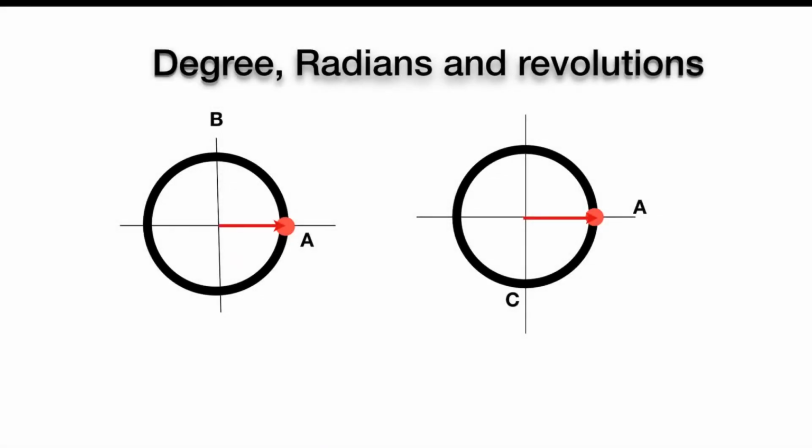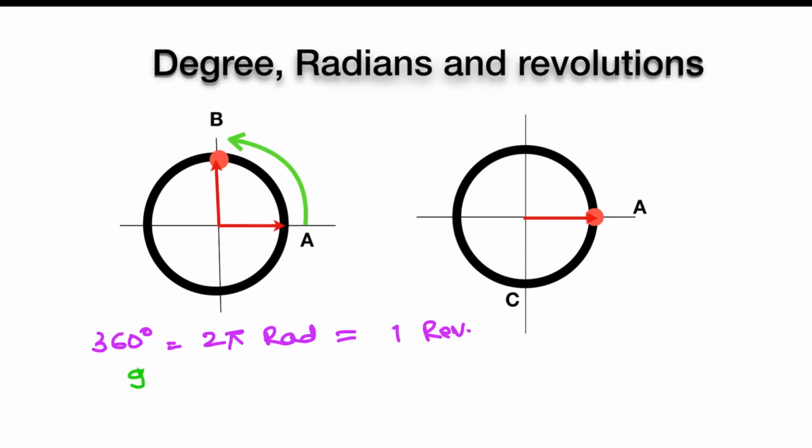Angular displacement is measured in degrees, radians and revolutions. 360 degrees is equal to 2 pi radians, and that is equal to 1 revolution. In this case, an object is moving from A to B on a circular path. The angular displacement is 90 degrees, which is equal to pi by 2 radians, and if we want to put it in revolutions, it's 1 by 4 revolution.